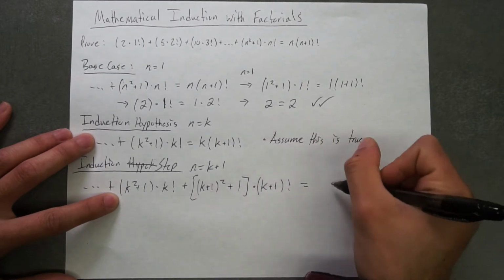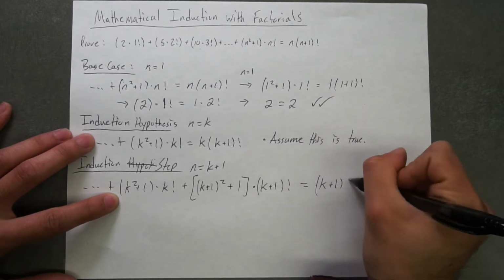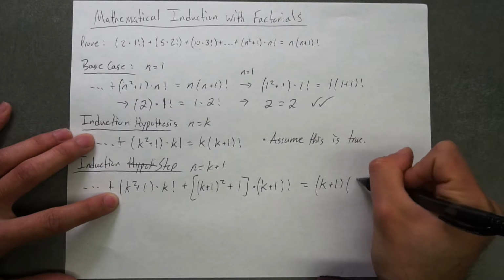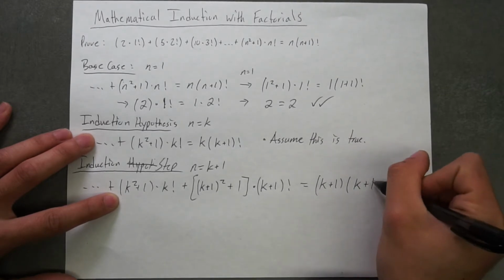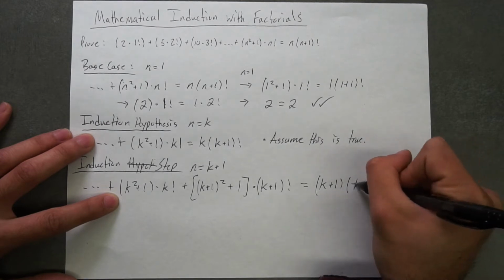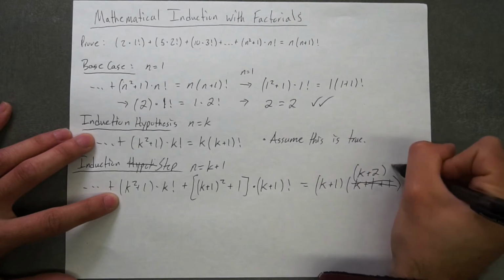And we say that this is equal to k plus 1 multiplied by k plus 1 plus 1. I guess just rewrite that as k plus 2 factorial.